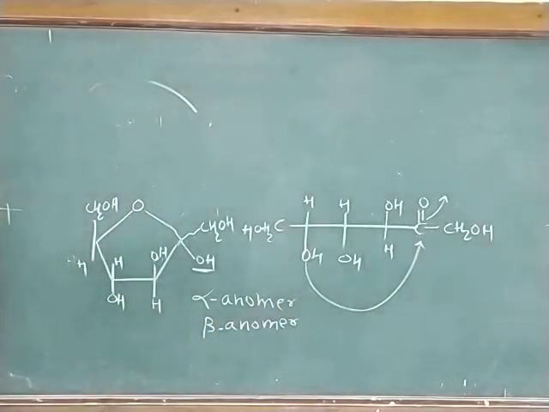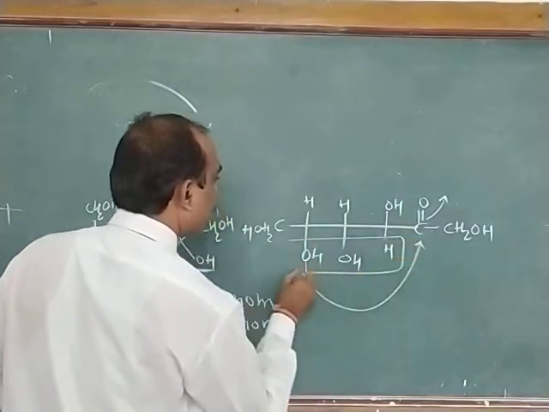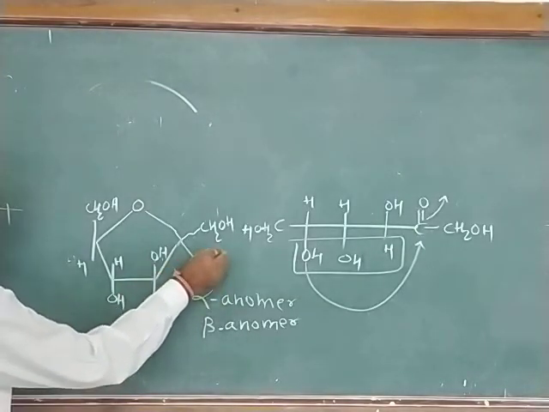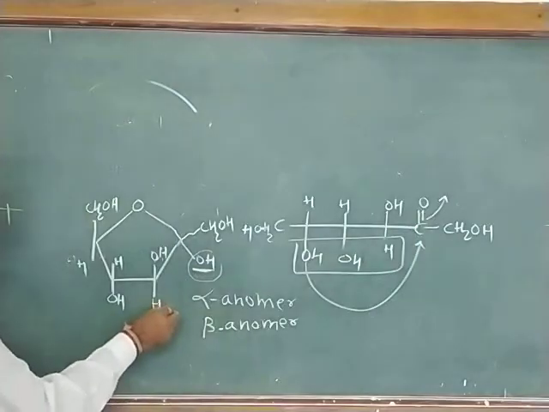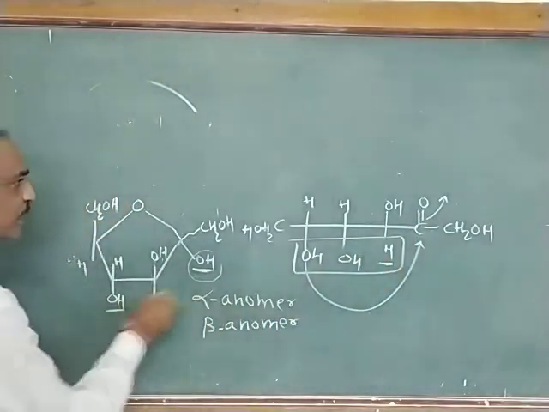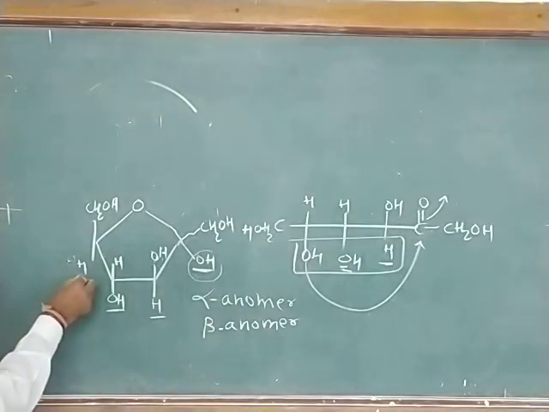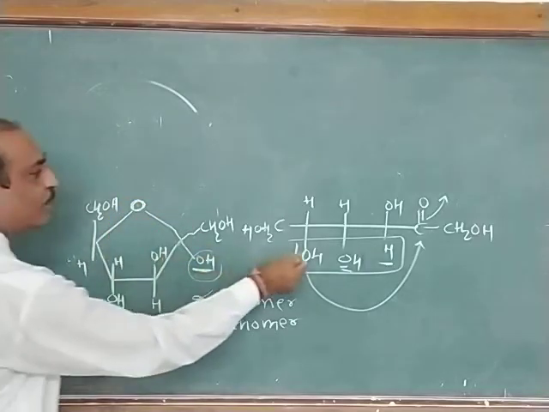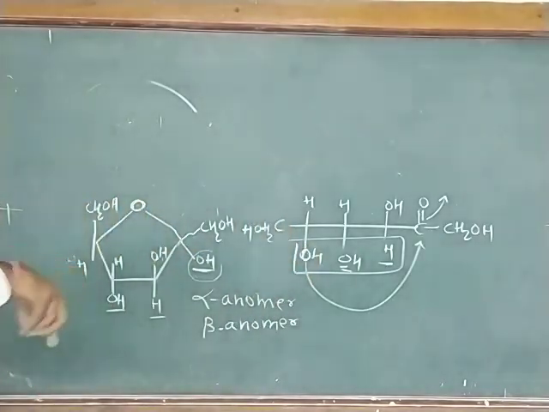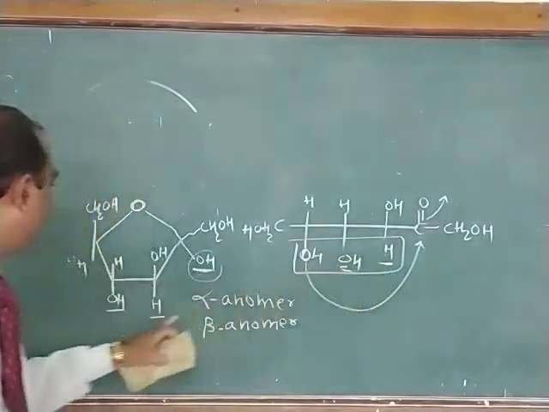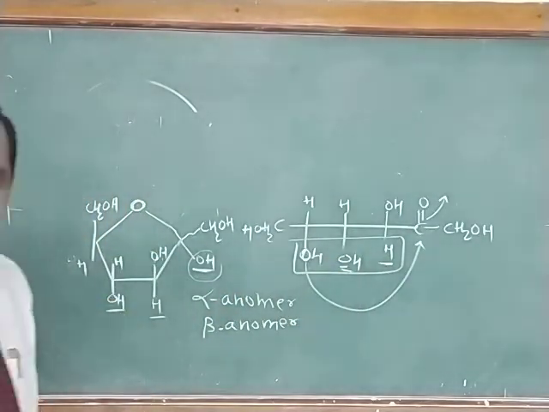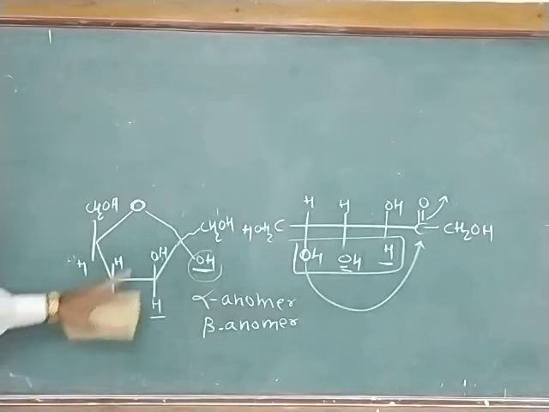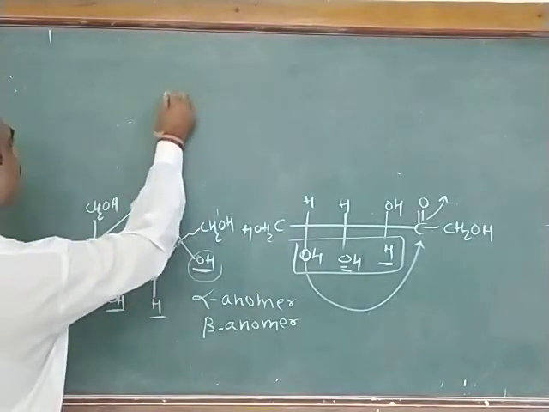So if you write the structure, whatever these are, they are on the downside. You can see these OHs are from this carbon, then this hydrogen, then this OH. This OH was involved in the cyclization attack, so this is the O from here, and this H and OH you can find here. So while writing the next structure, you will see the alpha anomer and the beta anomer.